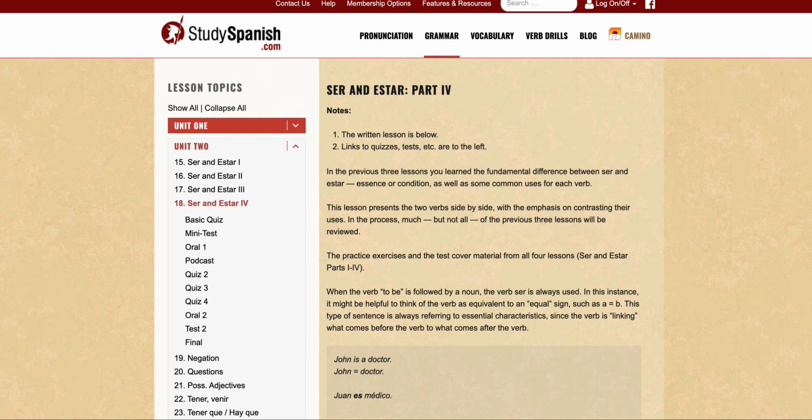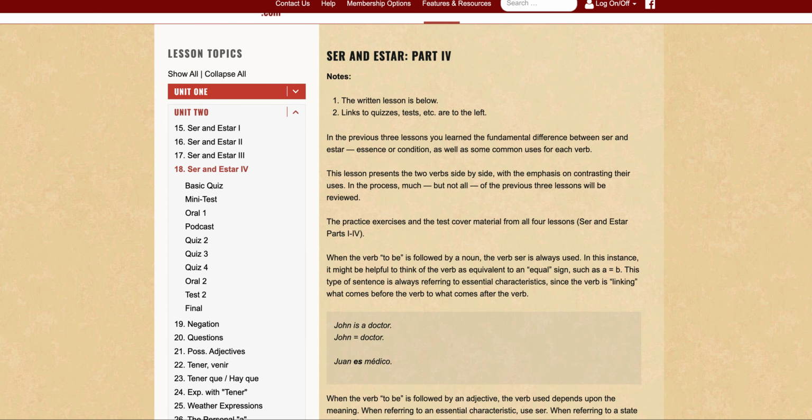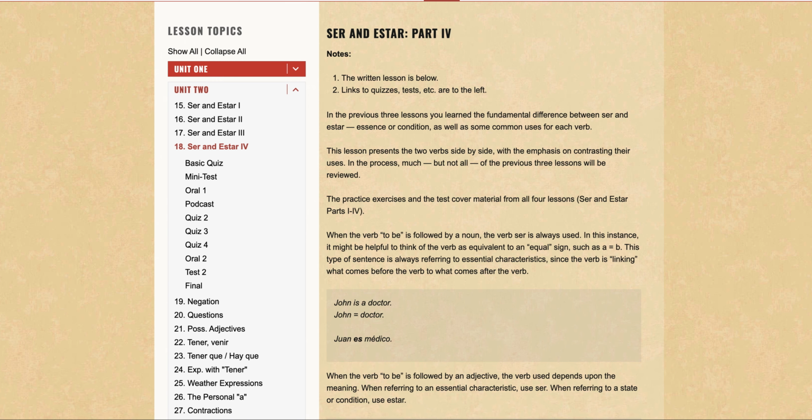So basically, it's always referring to essential characteristics, and you know for a fact that ser is used for anything to do with essential characteristics, since the verb is linking what comes before the verb to what comes after the verb.